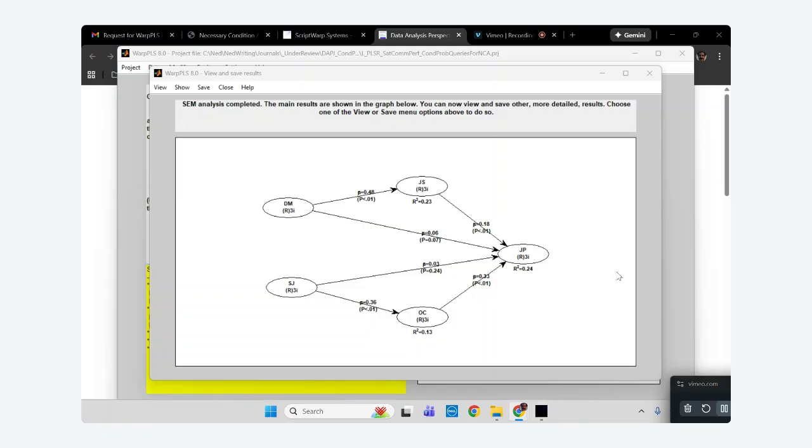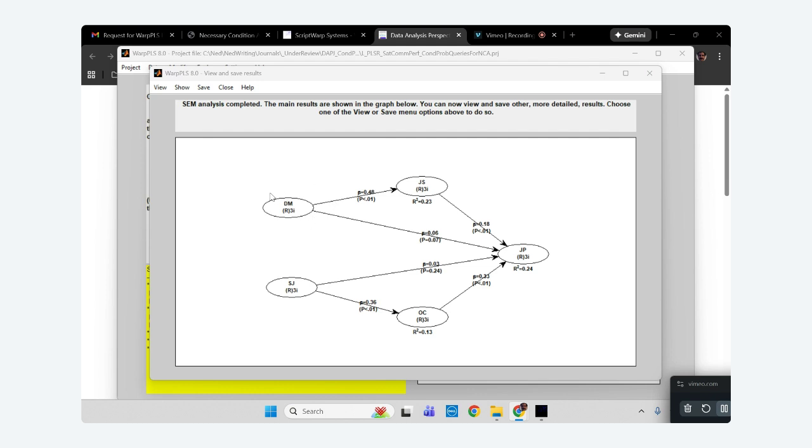So here I have a model with several latent variables. This is the main criterion latent variable in my model, JP, and we have several predictors for this JP variable. Based on the results here, you can see that the variables that influence JP directly are JS, job satisfaction, and OC, organizational commitment.